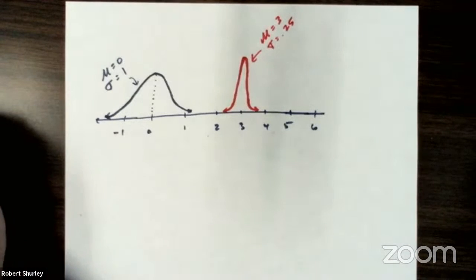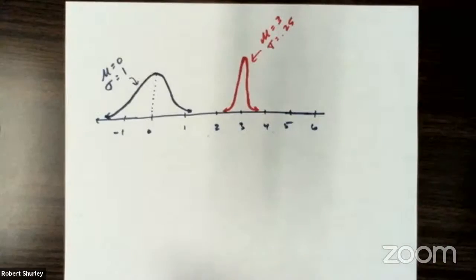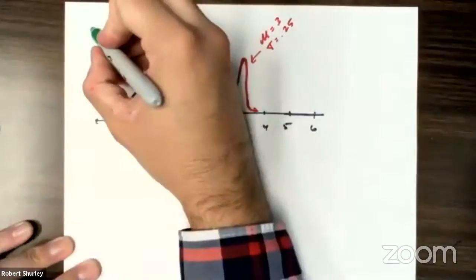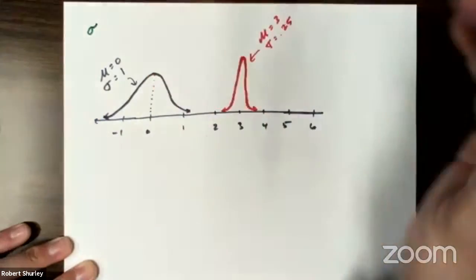So let's do one more with a flatter curve. What's the symbol for standard deviation? Standard deviation is sigma, a lowercase sigma. In computer text it looks like this, but the way math people typically write it, it looks more like a T with a line. I don't know why.